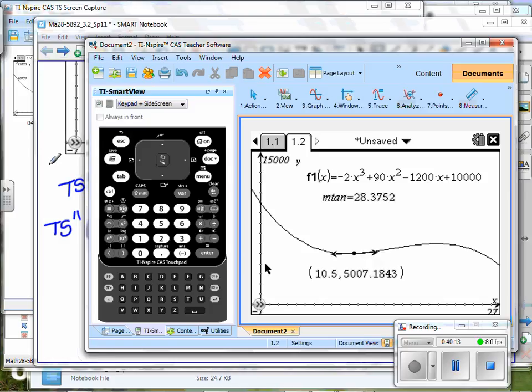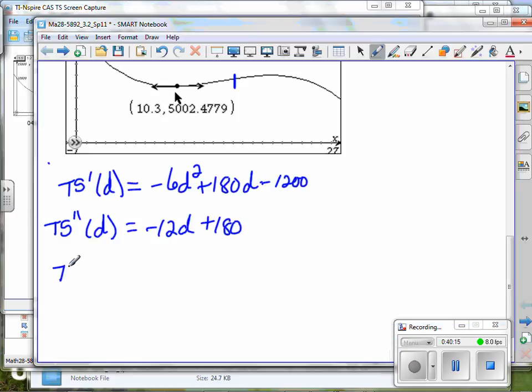So let's look at the second derivative at 10. Now again, remember, I'm not just staying with 3.2 now. We've got like 3.3 in here and maybe even some 3.4 sections in here. If I put 10 in there, what do I have?